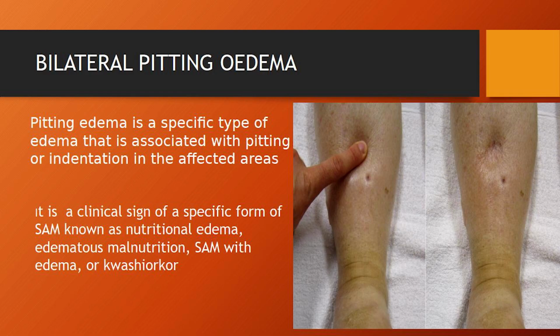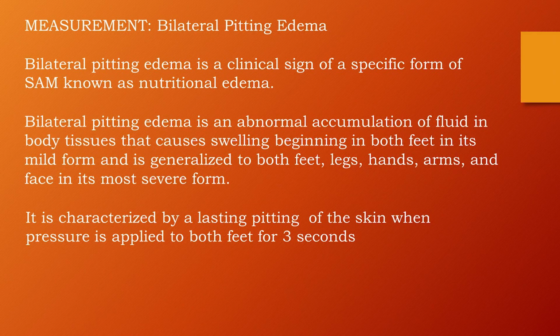Always keep that in mind, because bilateral pitting edema can be seen in any nephritic disease, heart disease, nephrotic disease or other illnesses like severe anemia, but you have to consider this only under nutritional edema, or severe acute malnutrition along with kwashiorkor. The bilateral pitting edema helps to categorize.